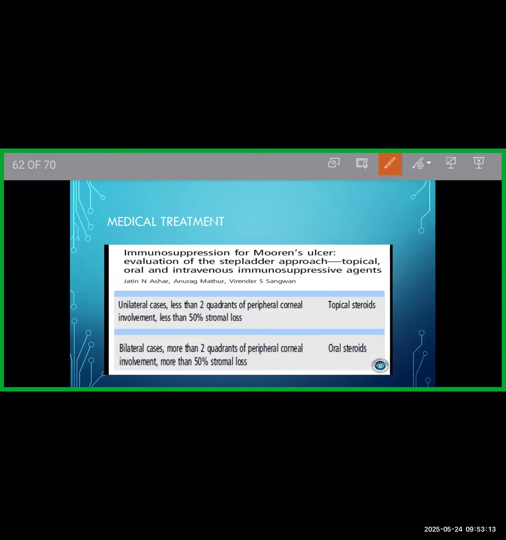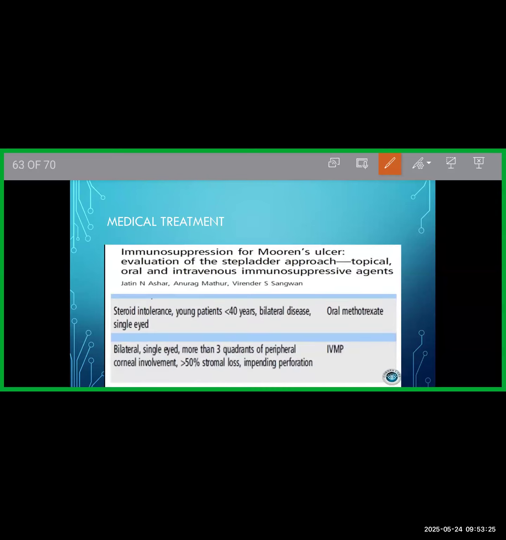Whereas for those with bilateral cases, more than 2 quadrants of peripheral corneal involvement and more than 50% stromal loss, oral steroid should be used. For patients with steroid intolerance, or younger patients less than 40 years with bilateral disease, or patients with just one eye, that is single eye, oral methotrexate should be used.